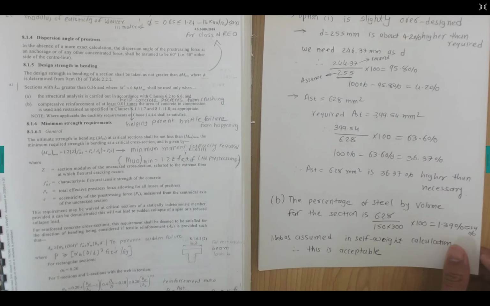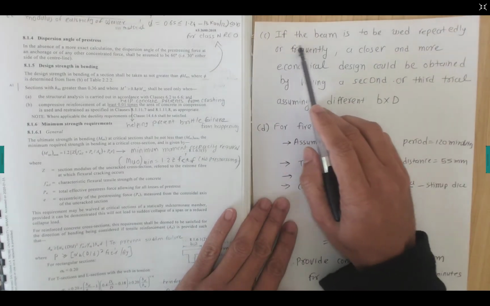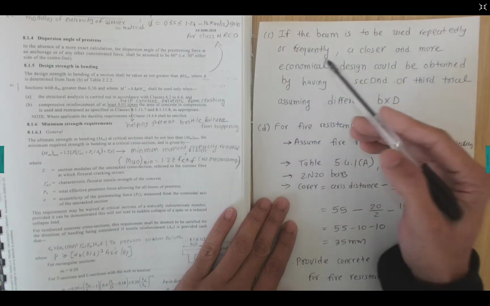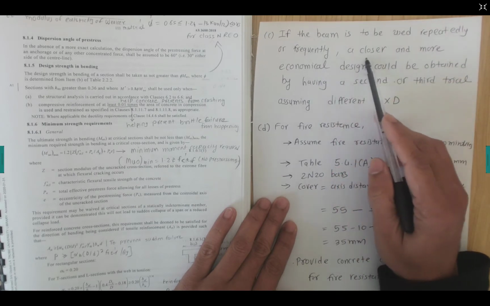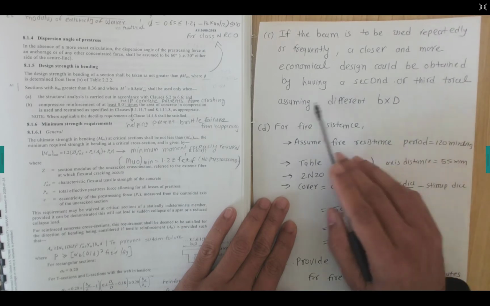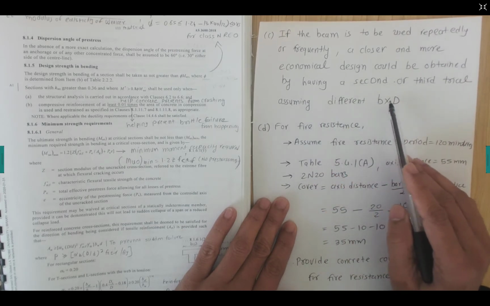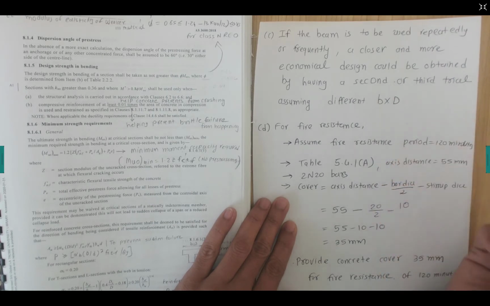That will be a more economical, less time consuming iterative process. Now note C: if the beam is to be used repeatedly, say in 100 beams, a closer and more economical design could be obtained by having a second or third trial assuming a different b on d ratio.